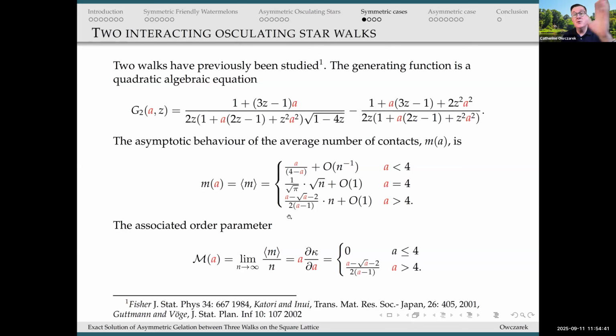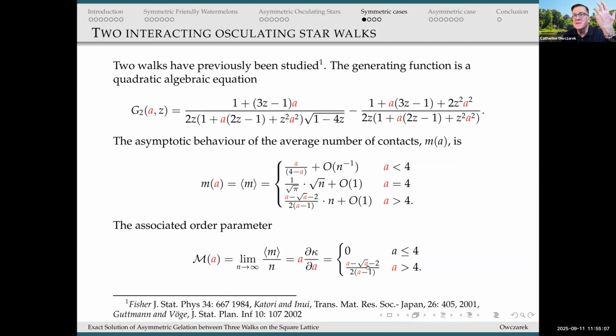Well, firstly, let's go back to just 2 walkers. If you look at 2 walkers, then the generating function is a simple quadratic algebraic equation, and you can get all the information out that you want. You can find the asymptotic behavior of the average number of contacts simply, and the associated order parameter.